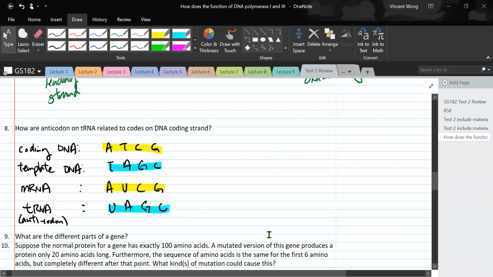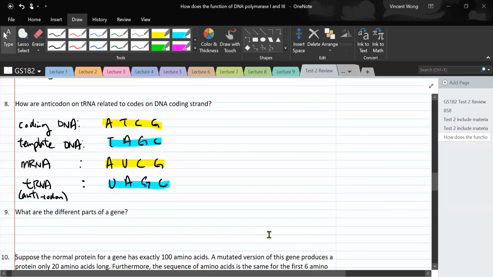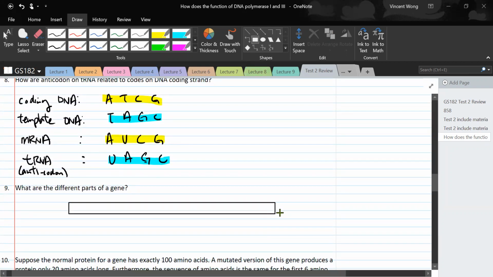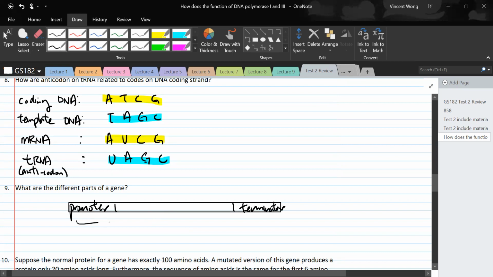What are the different parts of a gene? We have the promoter. Right? We have the actual coding part, and then we have the terminator. Okay, so this whole thing here, it's part of a gene.